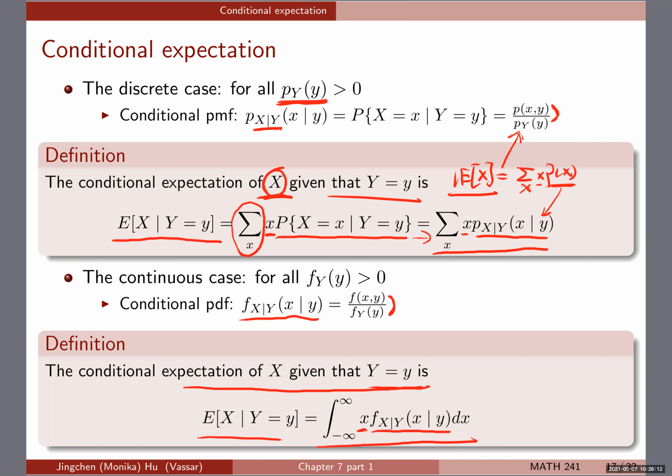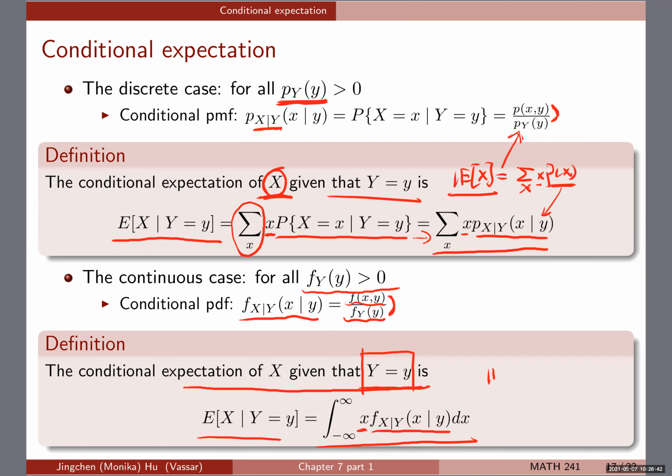If you remember from chapter 6, whenever we write this in the continuous case, the probability that Y equals y is 0 because Y is a continuous random variable. But what we're dealing with is f_Y and f_XY, so they're not 0 per se. We have to make sure the marginal we're considering here is greater than 0. In that case, we also define the conditional expectation of X given Y.